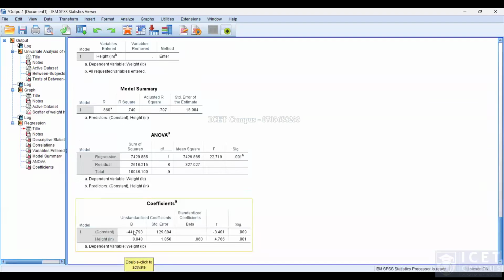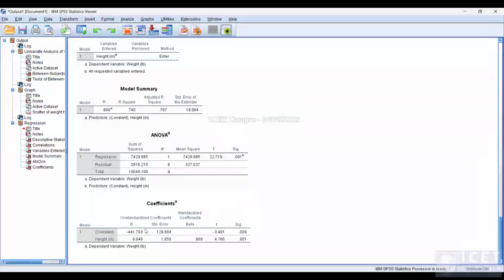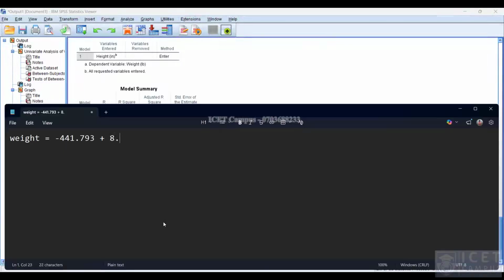This is the constant value, negative 241.793, plus, then the coefficient, sorry, gradient, is 8.848 times the independent variable.